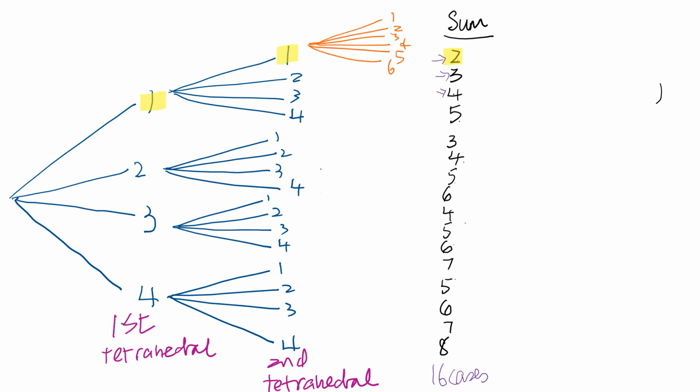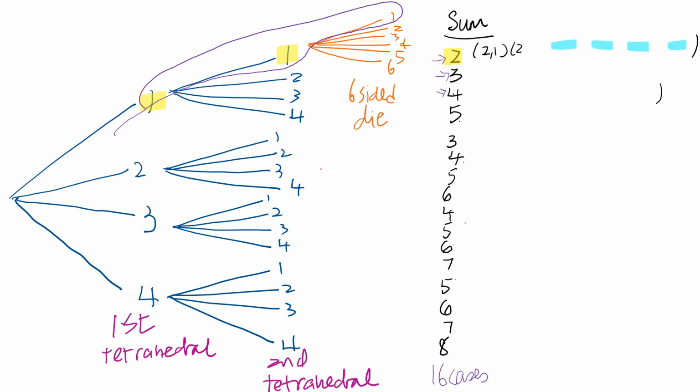What is happening is, from this first branch here, I can have 2, 1, which is what I have here.